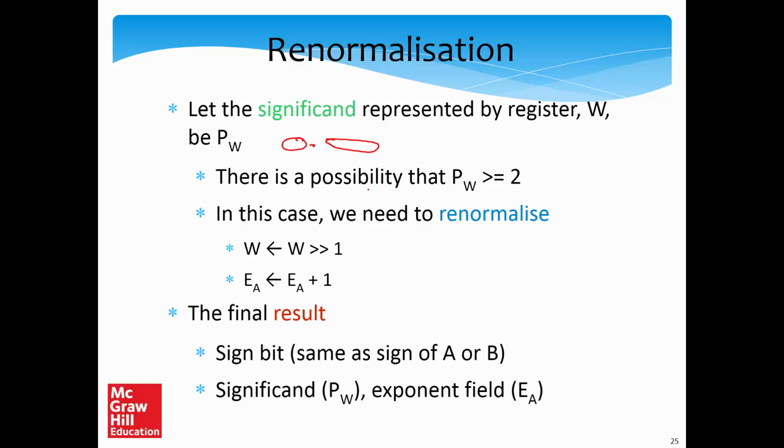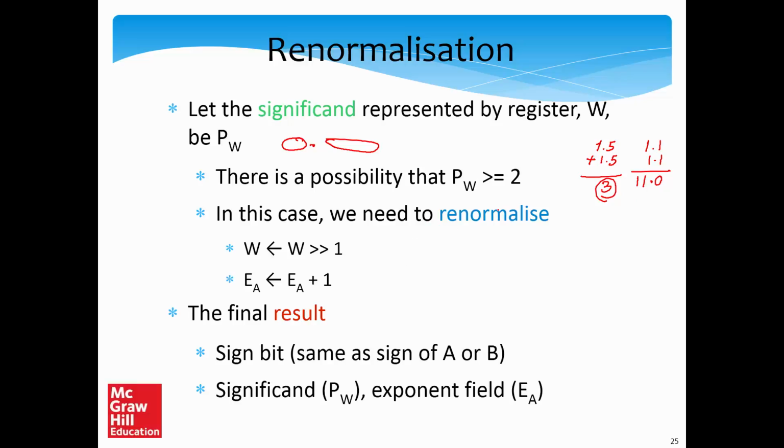There is a certain possibility that PW can be greater than or equal to 2. For example, if you're adding 1.5 and 1.5, which is 1.1 and 1.1 in binary, then what's the result? 1 plus 1 is 0, and 1 plus 1 plus 1 is 1, giving 11.0, where we consider all these points to be aligned. The result is essentially 3, which is greater than or equal to 2.